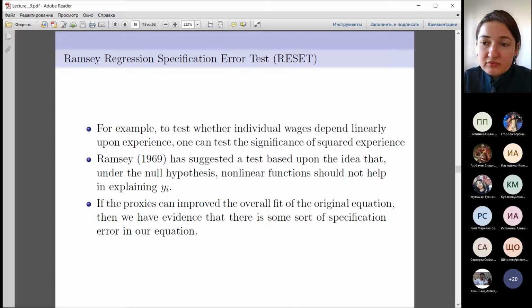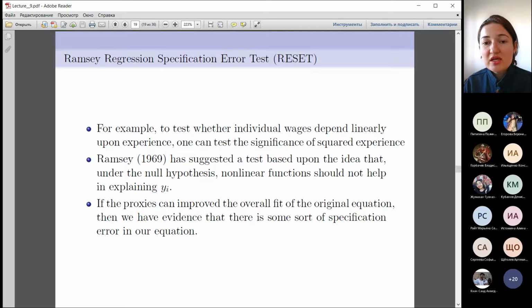The easy intuition behind this test is that Ramsey added some polynomials, maybe not only squared but in general some polynomials, of the ordinary least squares fitted values to the original equation, to find some general kinds of functional form misspecification.